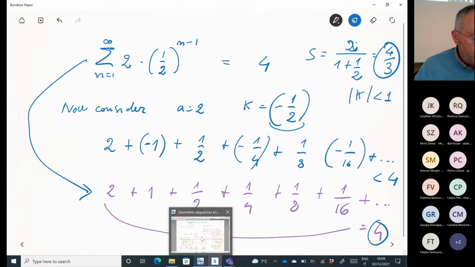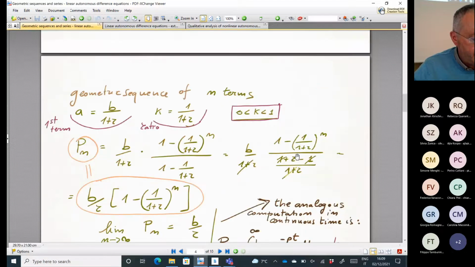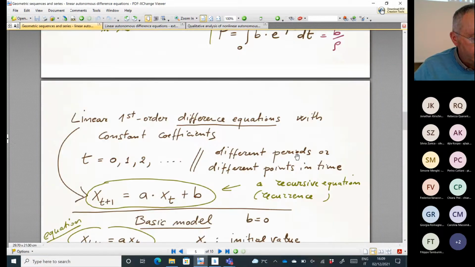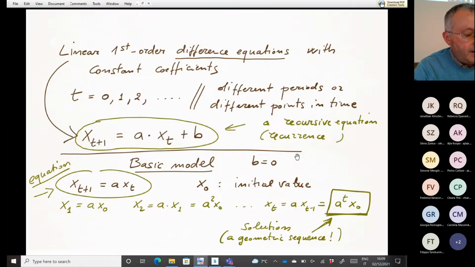Now, I want to show you what a difference equation is. Okay, this is the most simple type of difference equation, which is an elementary model of evolution of some variable in discrete time, not in continuous time.